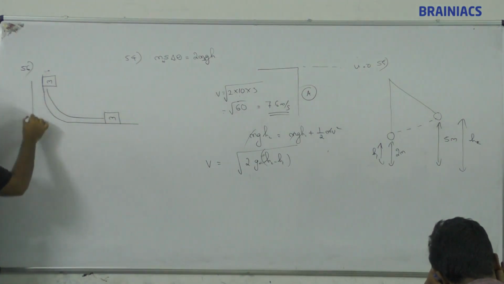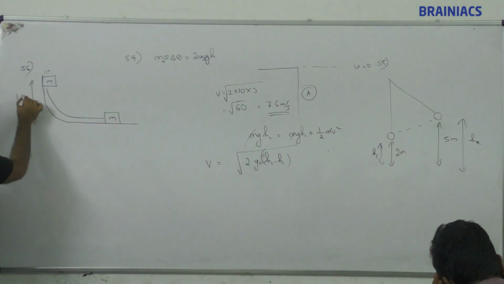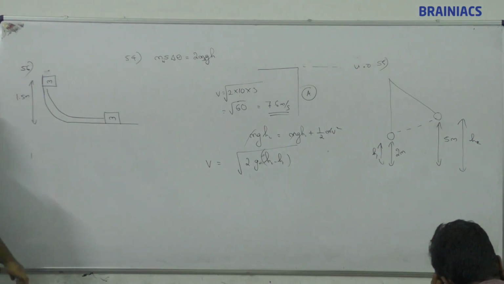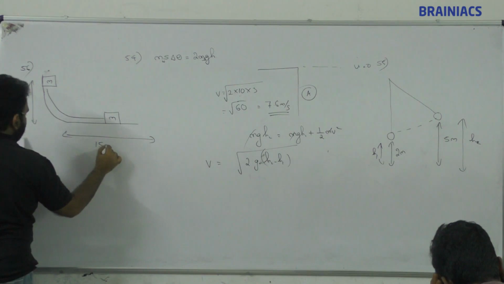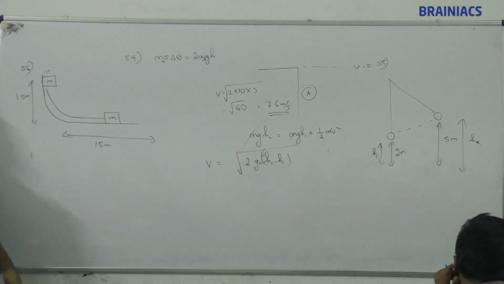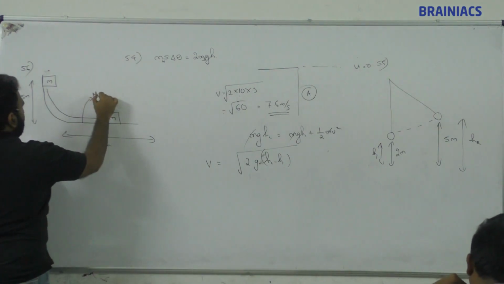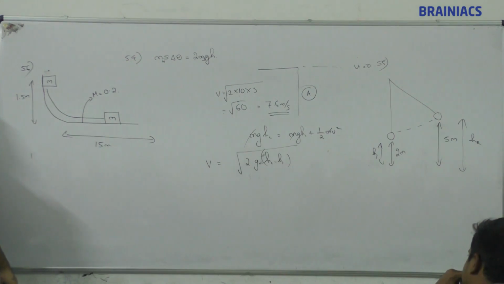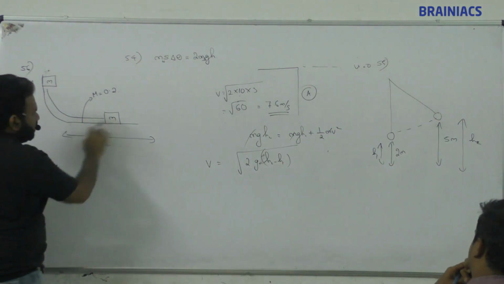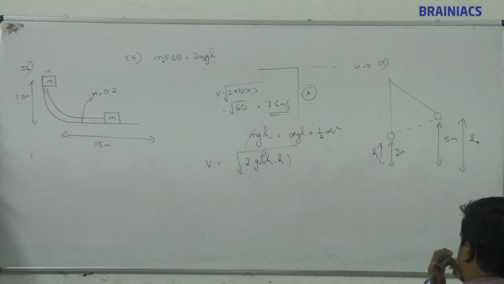This height is given as 1.5 meters, and the length of the base is given as 15 meters. The base has a coefficient of friction 0.2. So how much will it travel in this distance?